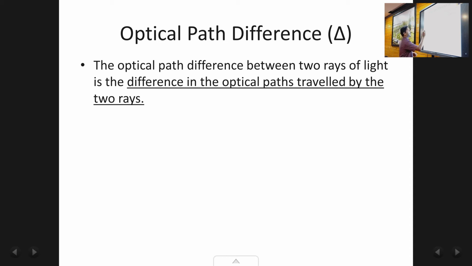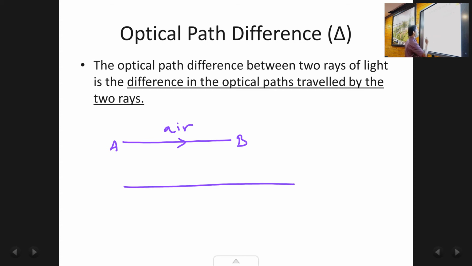So suppose I have a ray AB traveling in air, let us say, and another ray CD traveling, let us say, in a medium having a refractive index mu, then what will be the path difference between the rays AB and CD?